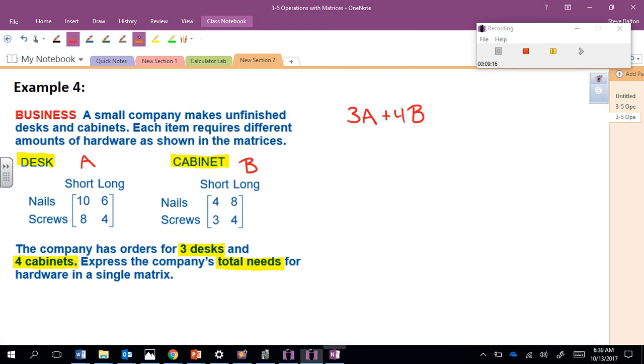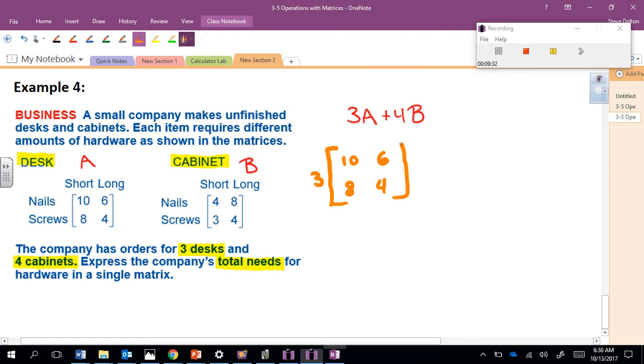Well, now all we need to do is translate that into matrices. So that's going to be 3 times our matrix A, which is 10, 6, 8, and 4. We're going to add to that 4 times matrix B, which is 4, 8, 3, and 4.